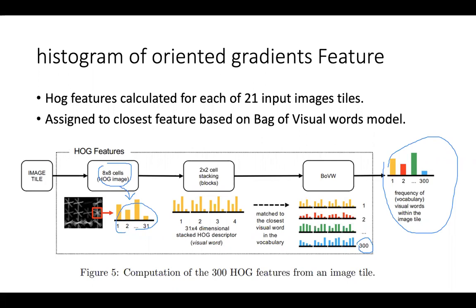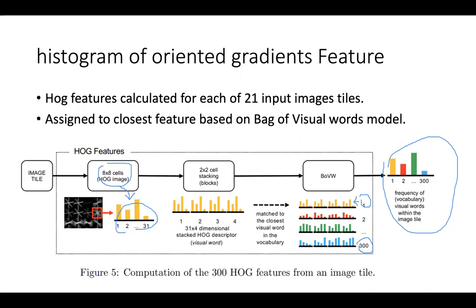Based on this process, given the image tile, it will extract a set of HOG features. Then it matches them against predefined patterns, as far as I understand, each vector represents one of the predefined features for the image tile.